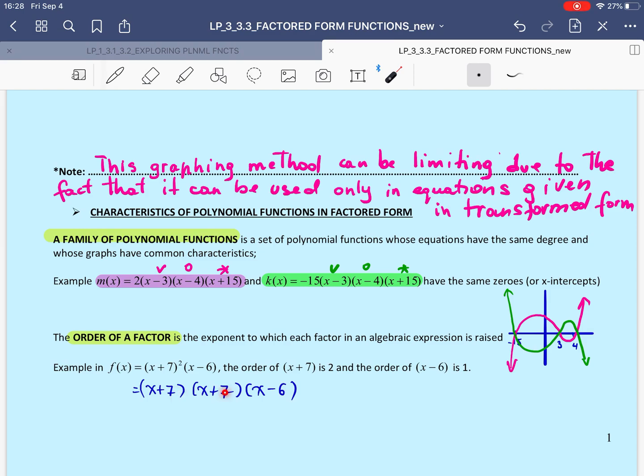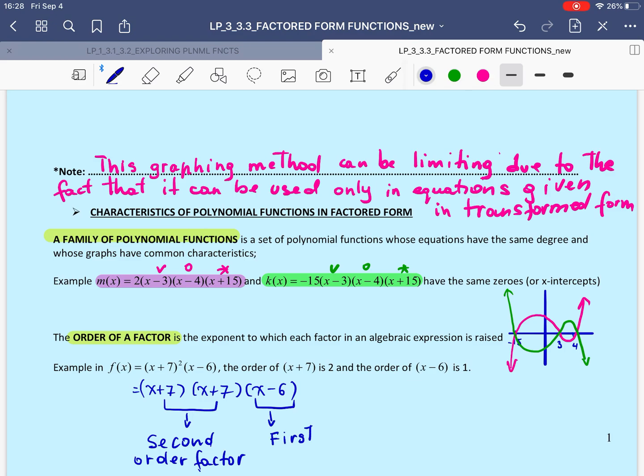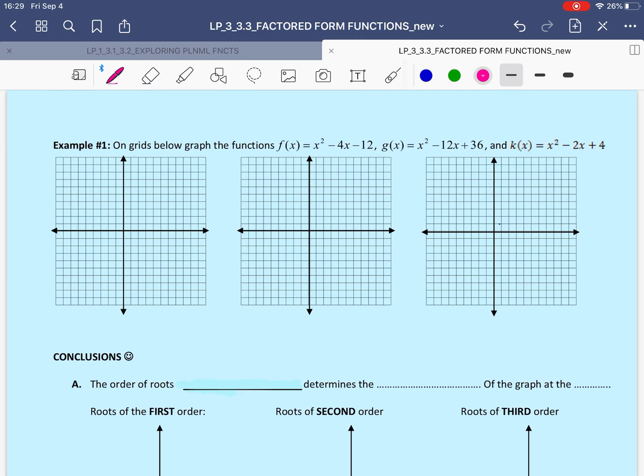In this case, we say that x plus 7 is a second order factor, whereas x minus 6 is a first order factor because the exponent of x minus 6 is 1. Okay, so exponent 2 makes it second order, exponent 1 makes it first order.